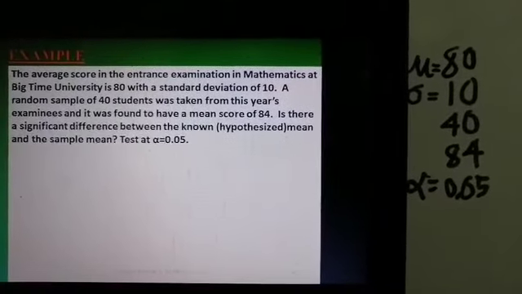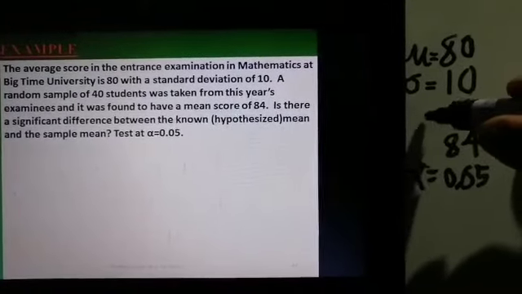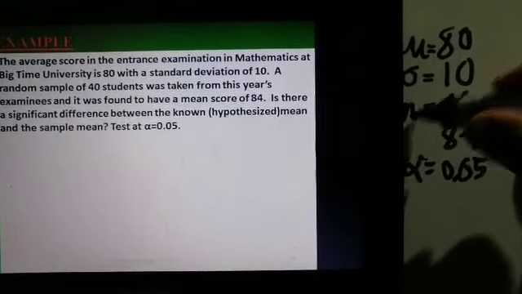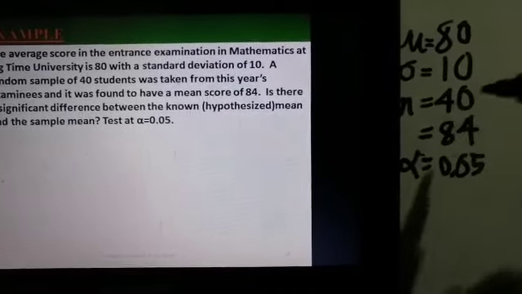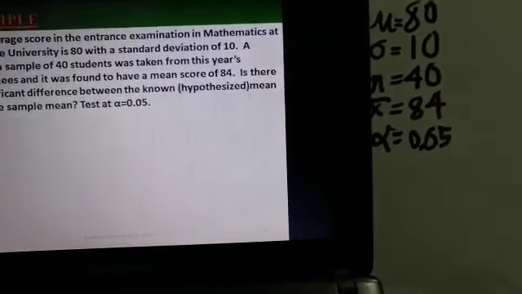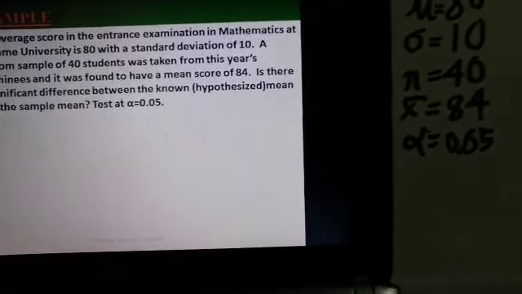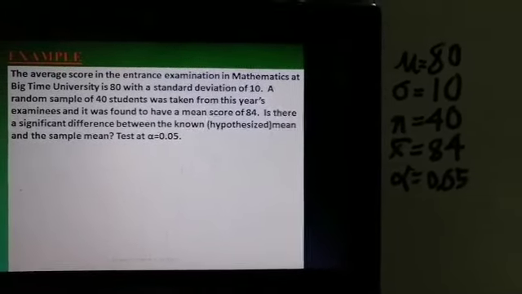As for the random sample of 40 students, how do we consider 40? That is our n, or the sample size. While 84 is obviously the mean of the sample, so we make use of x bar for that one.